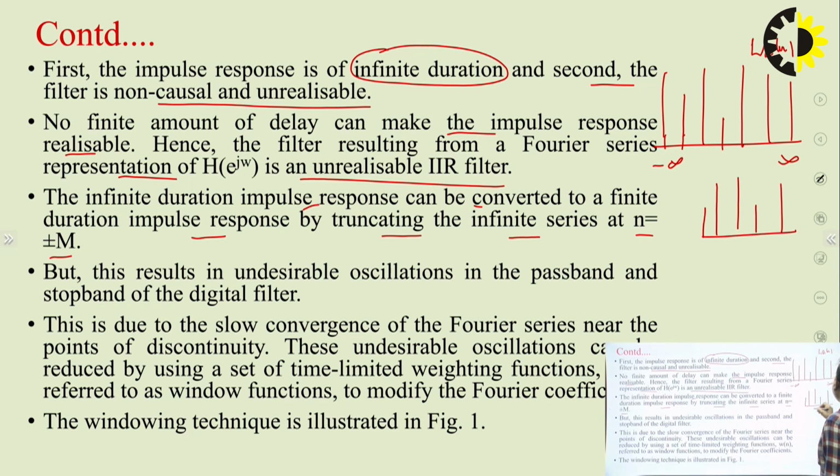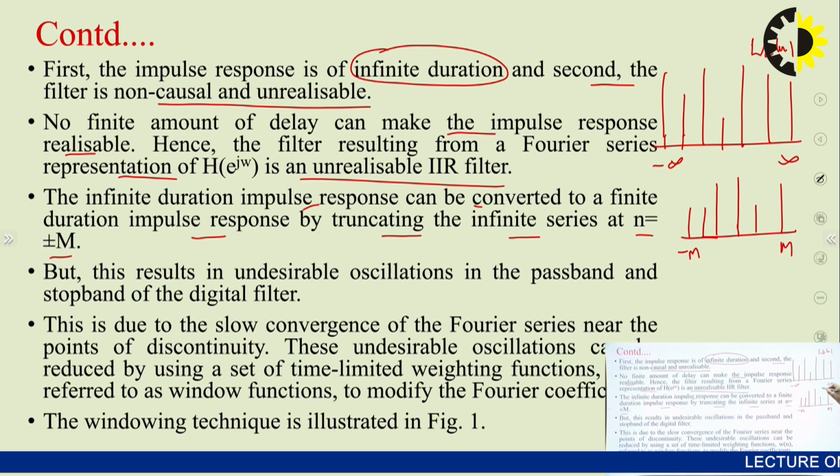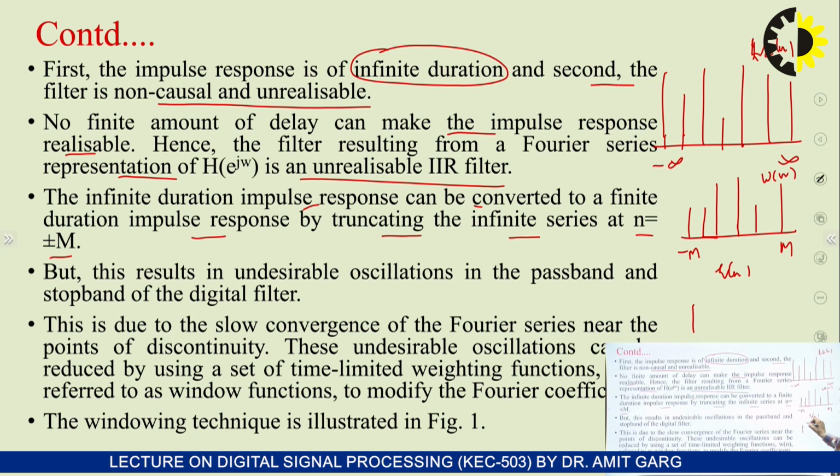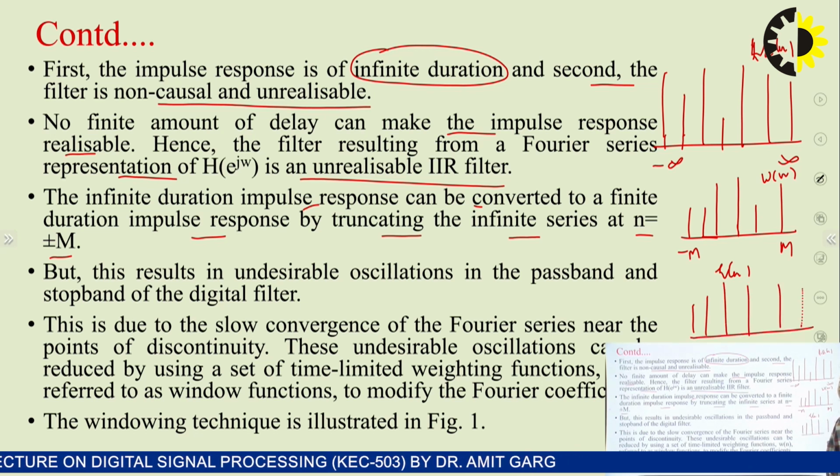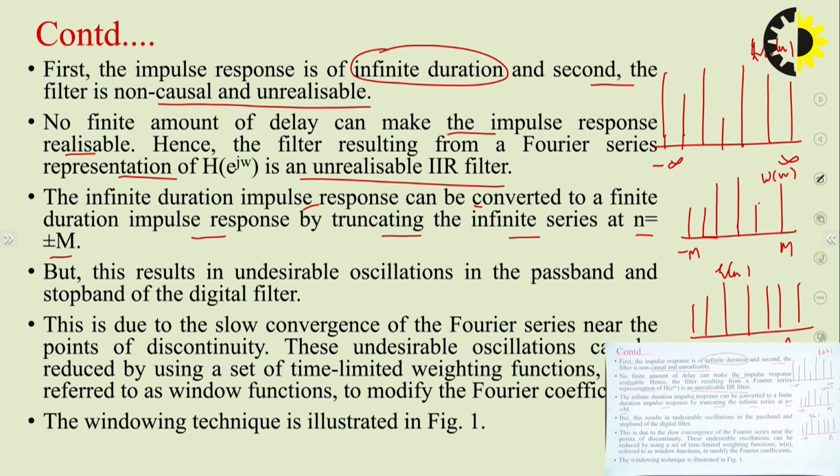If you have a window function like this, which extends from minus M to M, you call it w(n). Now, if you multiply this hd(n) with w(n), hd(n) is from minus infinity to infinity, but w(n) is from minus M to M. So, you have h(n), which is the designed filter impulse response, somewhat like this, and you can see the terms will be from minus M to M. That is how we can truncate the infinite duration impulse response into a finite duration impulse response by simply multiplying with a window function, which is of finite duration.